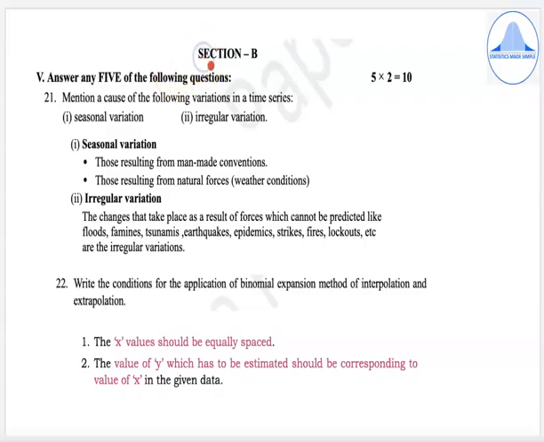Section B. Fifth main, answer any 5 of the following questions. These are 2 markers. 5 into 2 is equal to 10. 21st question, mention a cause of the following variations in a time series: seasonal variation and irregular variation. So let's start with seasonal variation. There are 2 causes for seasonal variation.